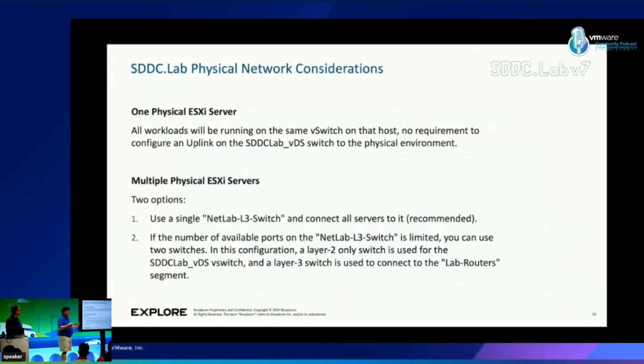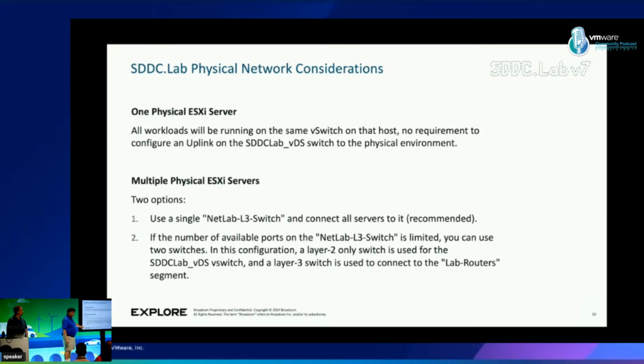Regarding networking, this is one of the areas where we get the most questions. So we're going to have a couple of slides here talking through the networking to try to help explain it. You can deploy this on a single physical server, at which point everything's on that box. You don't need to worry about some of the layer 2 aspects of it, and you just have to configure an uplink to this SDDC Lab VDS. There's a network diagram coming up that I'll point this out on to make it clearer.